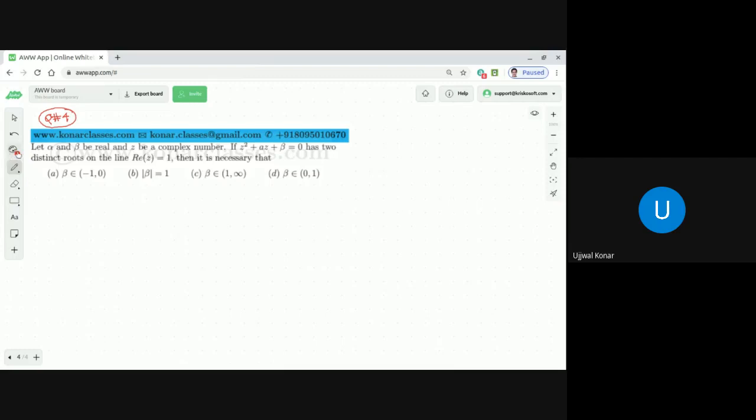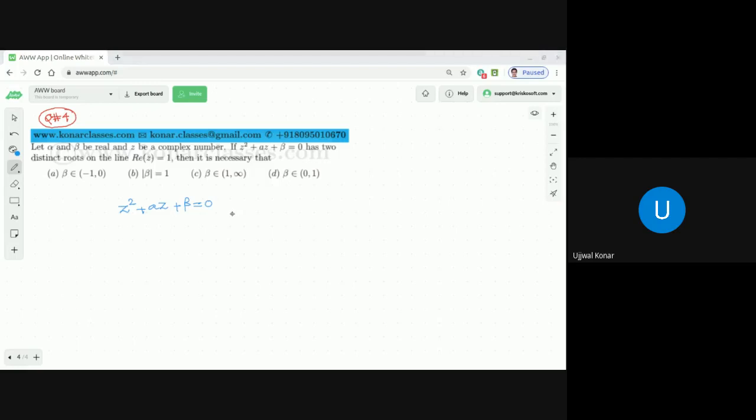So if you look into the question here, the equation is z square plus alpha z plus beta equal to 0. Correct, no? Now, alpha and beta are real and z is a complex number.